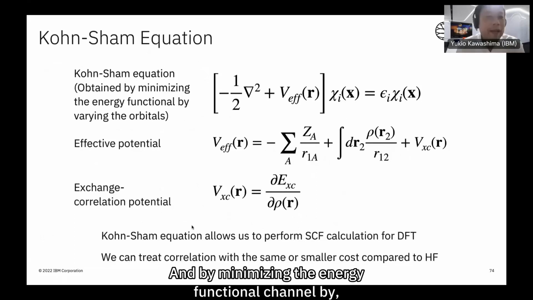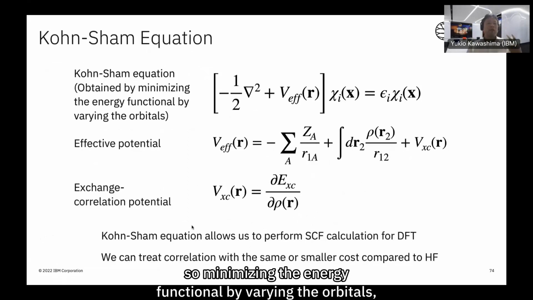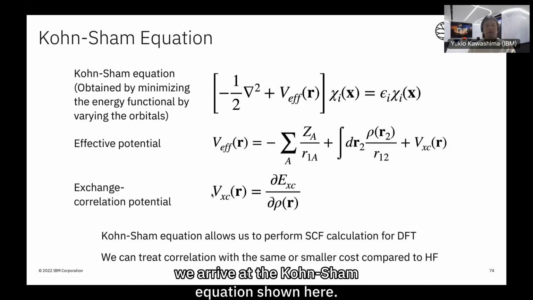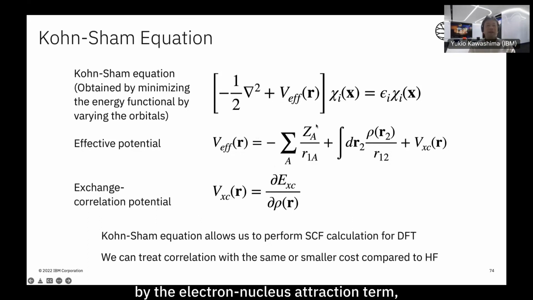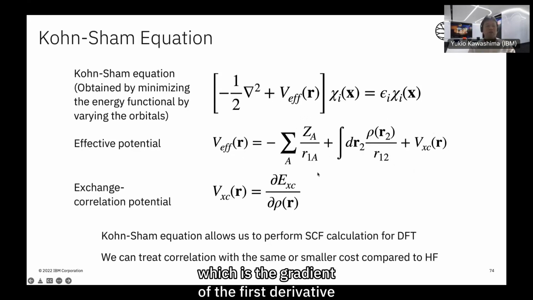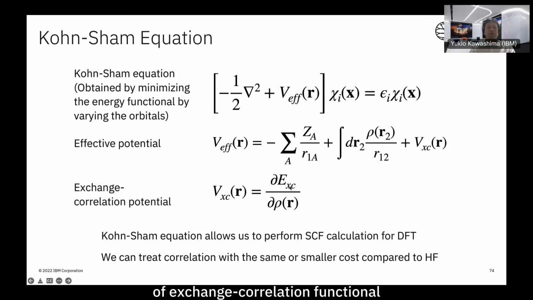And by minimizing the energy functional by varying the orbitals, we arrive at the Kohn-Sham equation shown here. And the effective potential here is described by the electron nucleus attraction term, the Coulomb term, and the exchange correlation potential, which is the first derivative of the exchange correlation functional with respect to density rho.